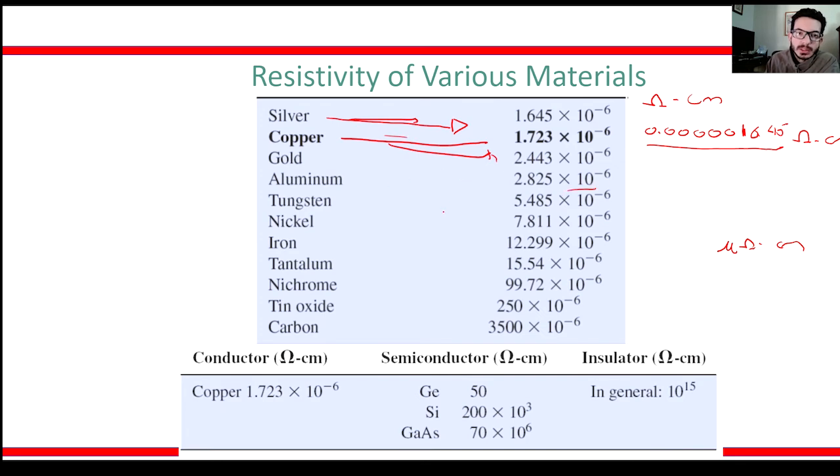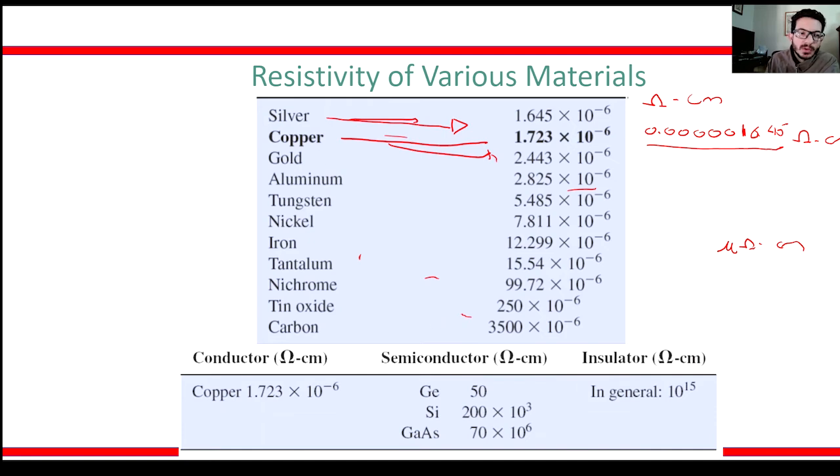So they're increasing, right? The least resistive is silver. You have tungsten that is 5.48. Nickel is 7.8. Iron is 2.28. Tantalum is 15.4. Nichrome is 99.72. Tin oxide is 250 and carbon is 3500.